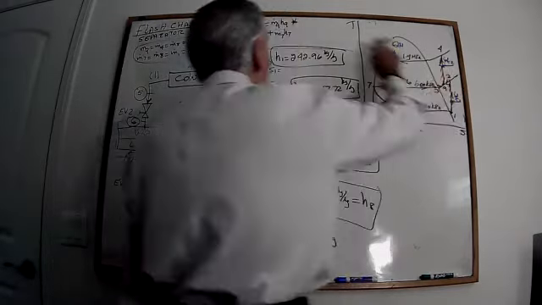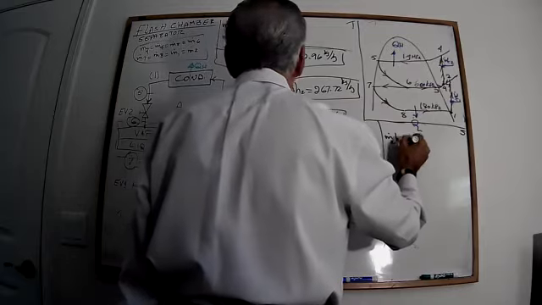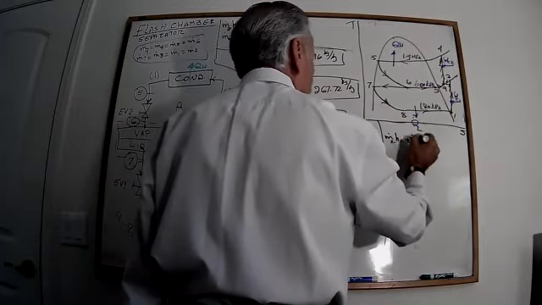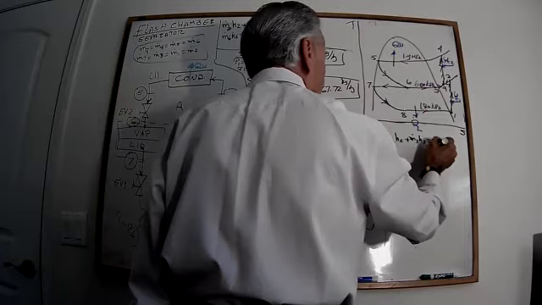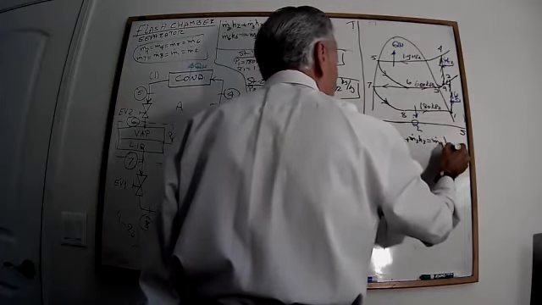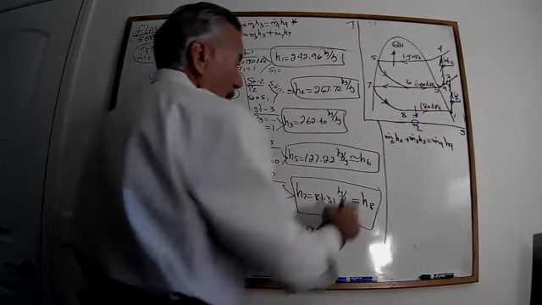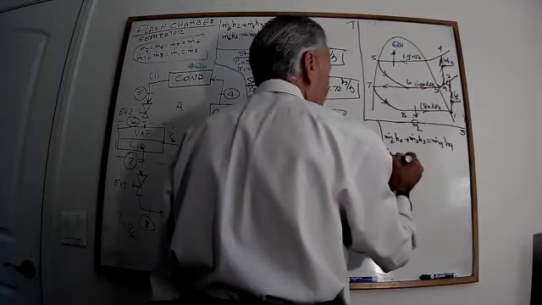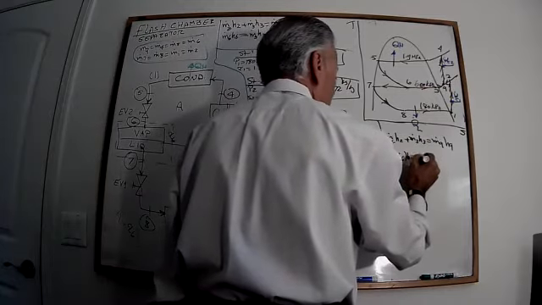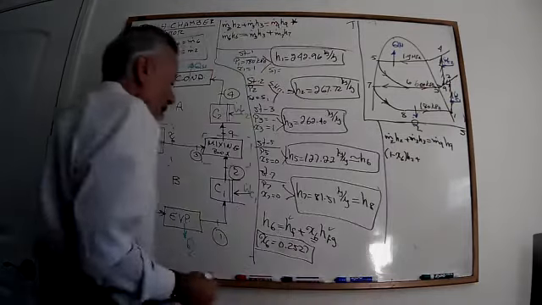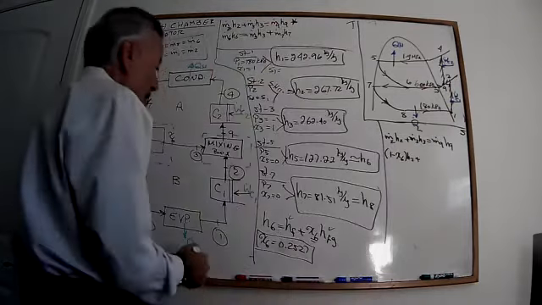So n2 h2 plus n3 h3 is equal to n9 h9. Now, what is n2? n2 is 1 minus X6 right here, 1 minus X6 going all the way to point 2. So 1 minus X6 times H2, plus what is the n3?